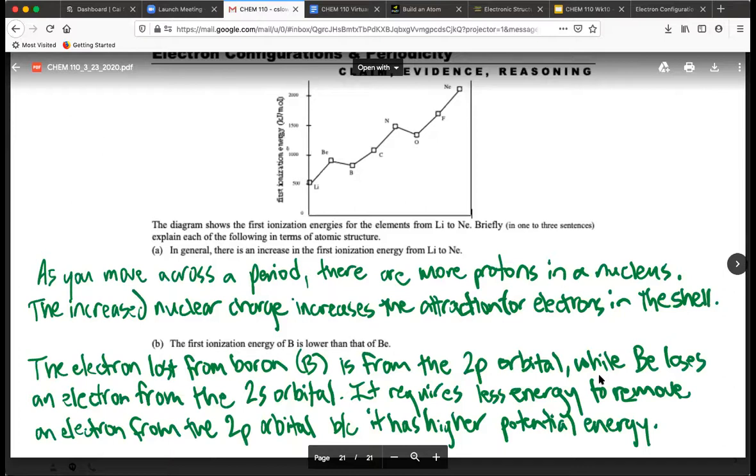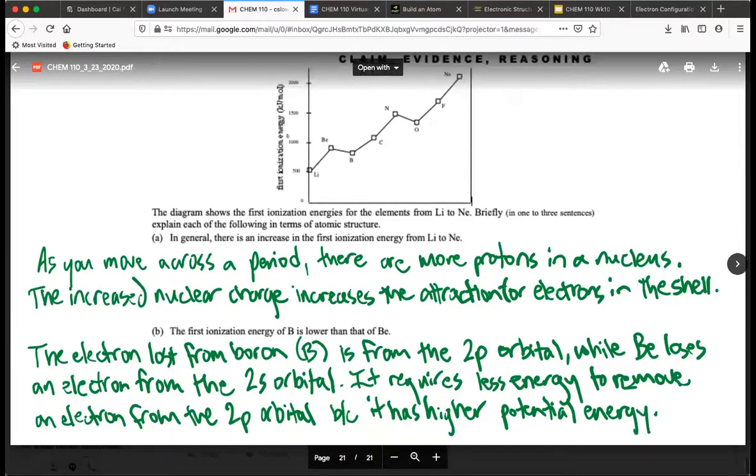I think, hopefully, what you've seen here is that when we're writing orbital diagrams and electron configurations, that starts to show us how our atoms are going to react with each other. And the reason why that's super important is because all of our chemical reactivity is going to be based on our understanding of the number of valence electrons and how those electrons might behave.